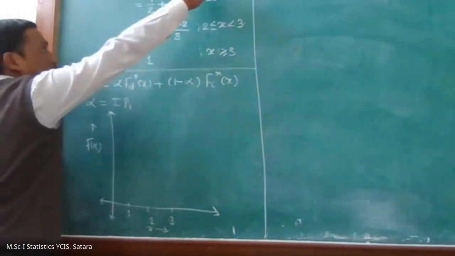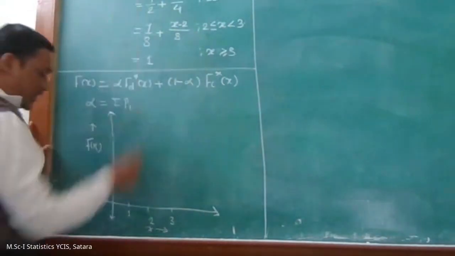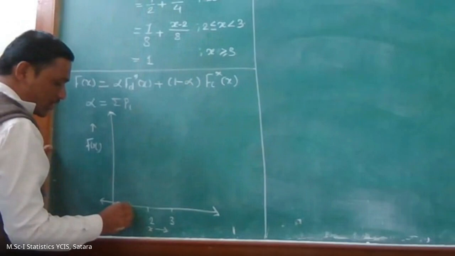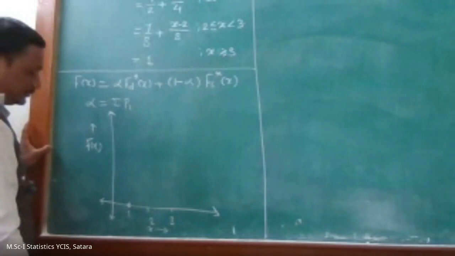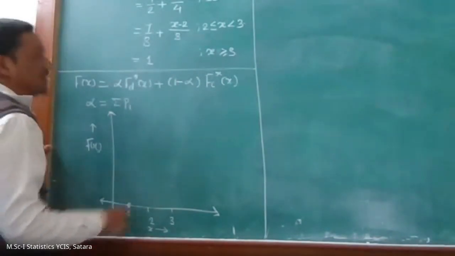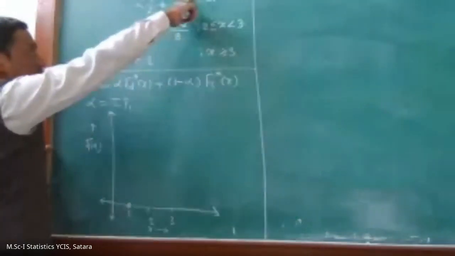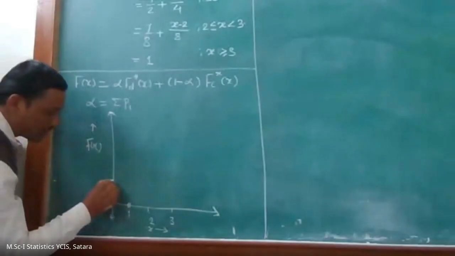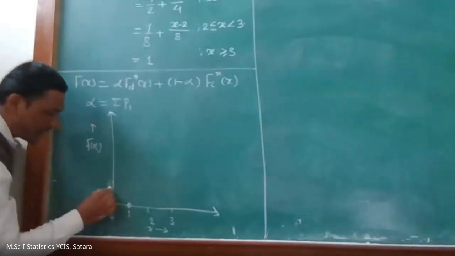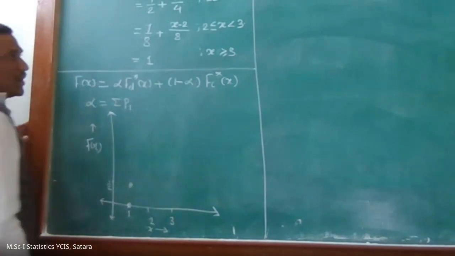For all values less than or equal to 1, the value of F(x) is 0, so we start at the point x less than or equal to 1. Then for x equal to 1, that is 1 minus 1, 0, the value is 1/2. So here we take the value 1/2.